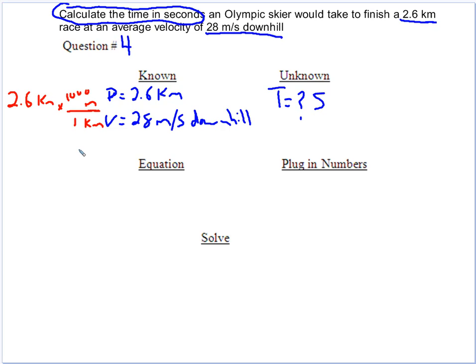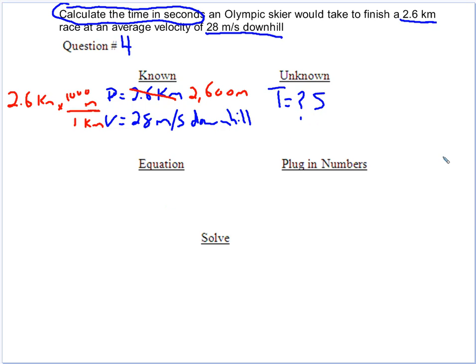So it's 2.6 times 1,000, which gives us 2,600 meters. So instead of using the 2.6 kilometers, we're going to use the 2,600 meters. So then meters will cancel and we'll be left with seconds for our time.